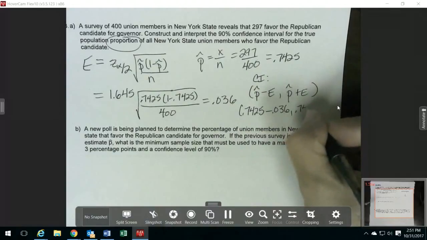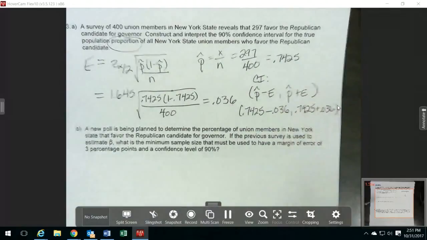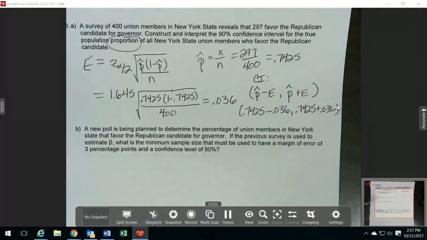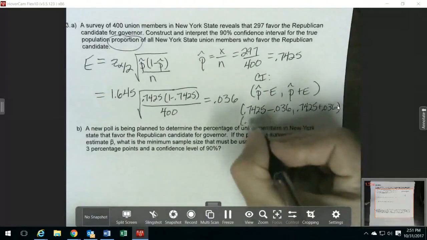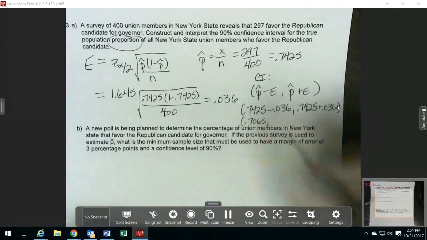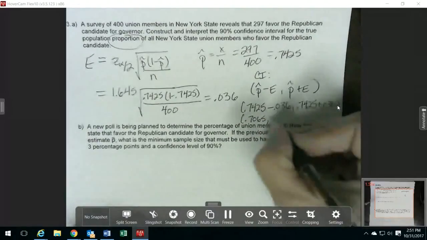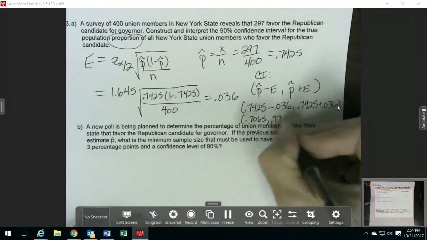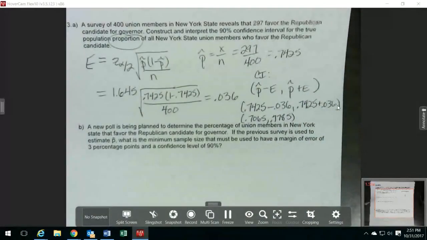This one is the 0.7425 plus the 0.036. So that gives me 0.7065 for that one, and 0.7785 for this one. So there's my confidence interval.